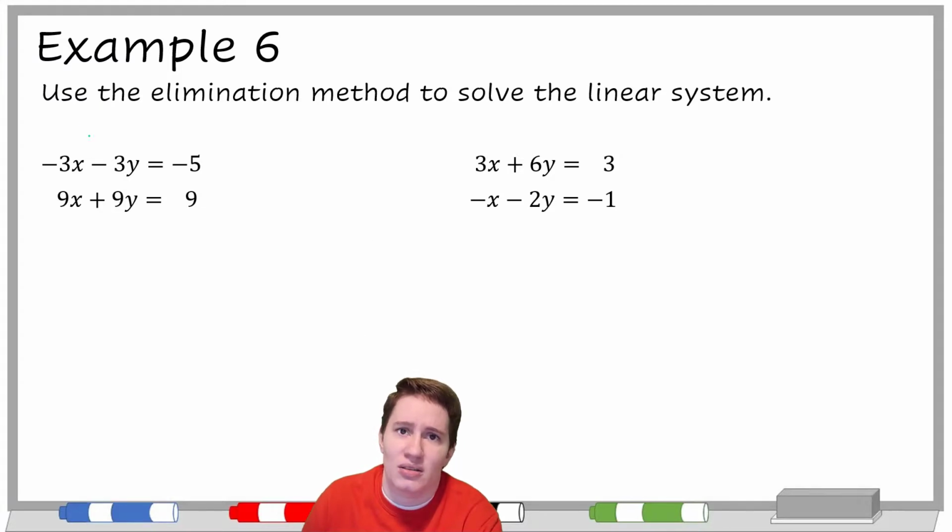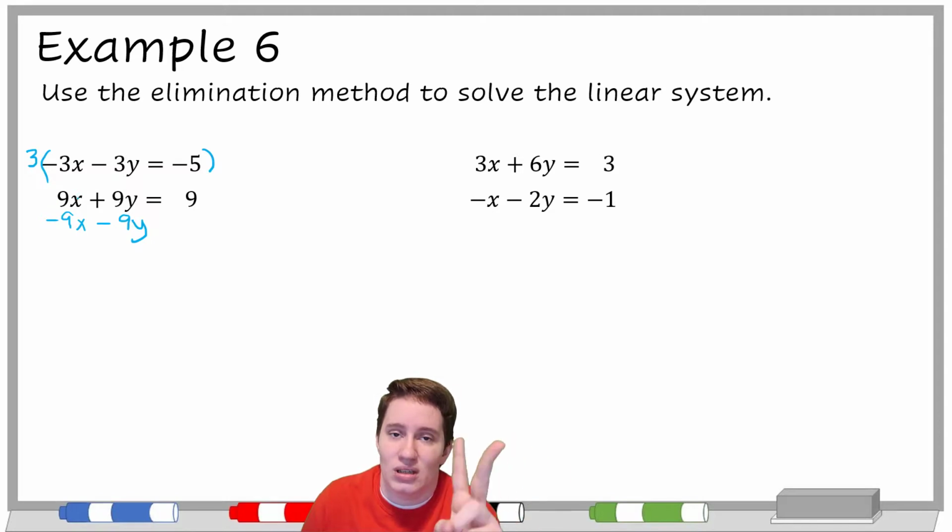For the first one, I can make those have 9s in front. Really easy. But then as soon as you realize it's going to put a 9 in front of both of them, that's where the special case and the issue comes in. Now, 3 times 3 is 9, 3 times 3 is 9, but 5 times 3 is not 9. That's the difference between infinitely many and no solution, right?